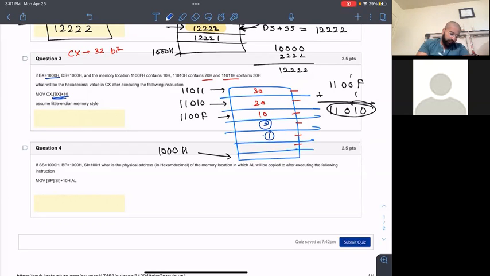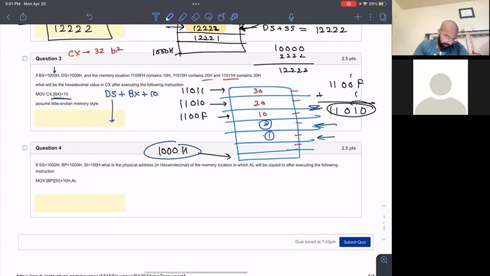So to find where exactly the offset of BX is, we need DS, the data segment address, plus BX, the offset of where BX is pointing. Maybe here, maybe here, we don't know. We just know that BX is this, plus 10, which I got from here.